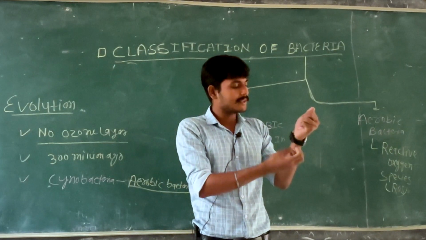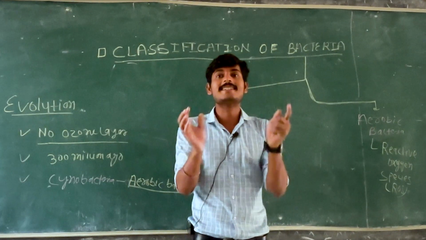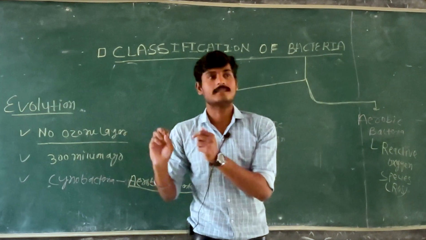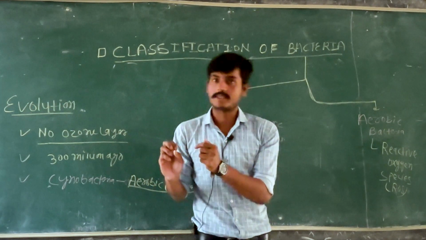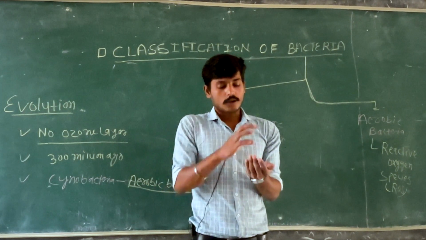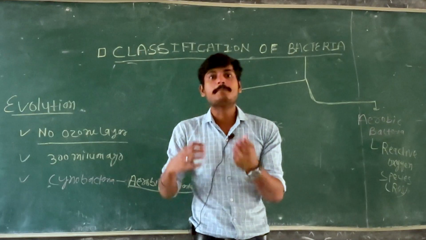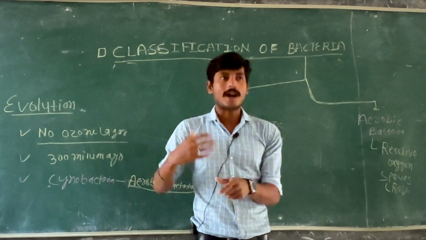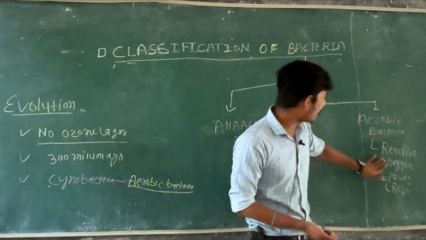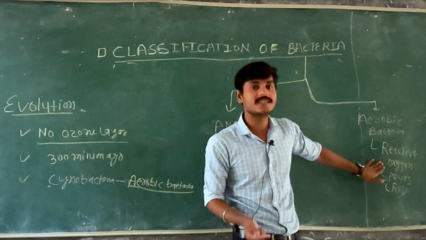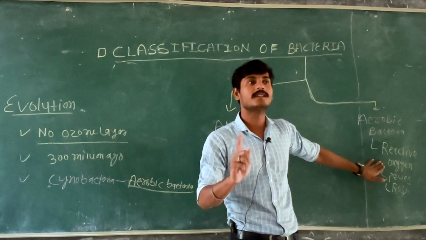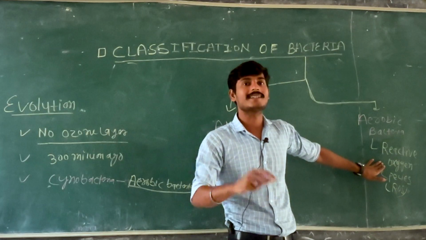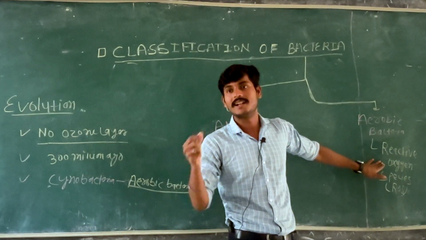And then what happens? These electrons are accepted by the oxygen. So oxygen will accept these electrons and produce ATP. Got it? But sometimes there will be oxygen which is free, and that is called an oxygen radical.